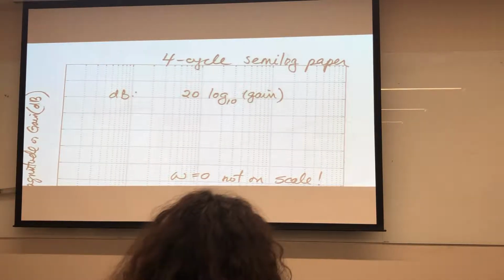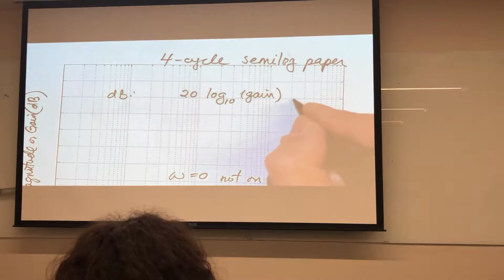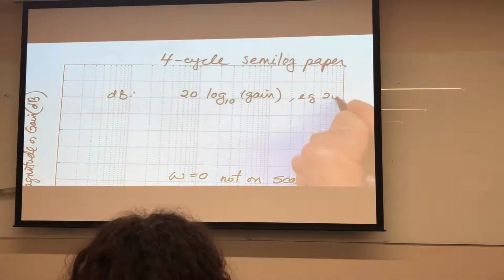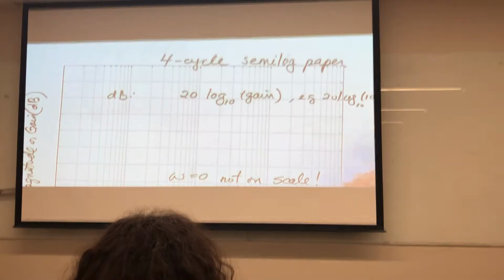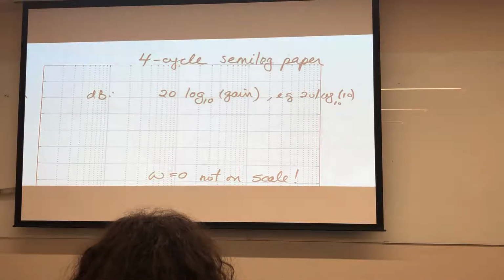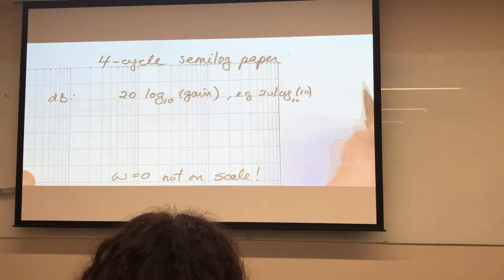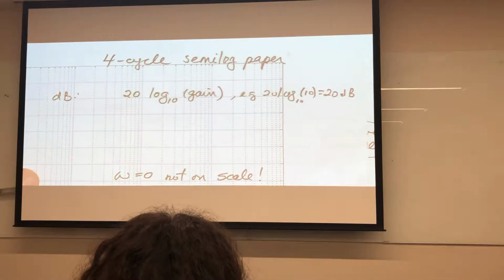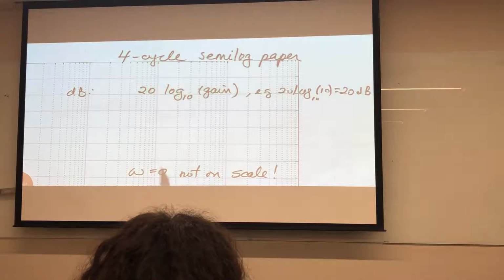So as an example, if I have a gain of 10, the log of 10 is 1, and then that's equal to 20 dB. Now, if you're dealing with electromagnetics, we have a different gain.